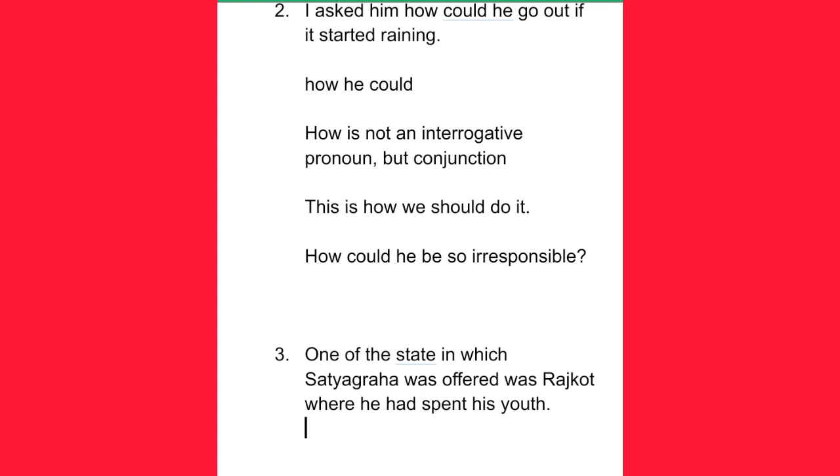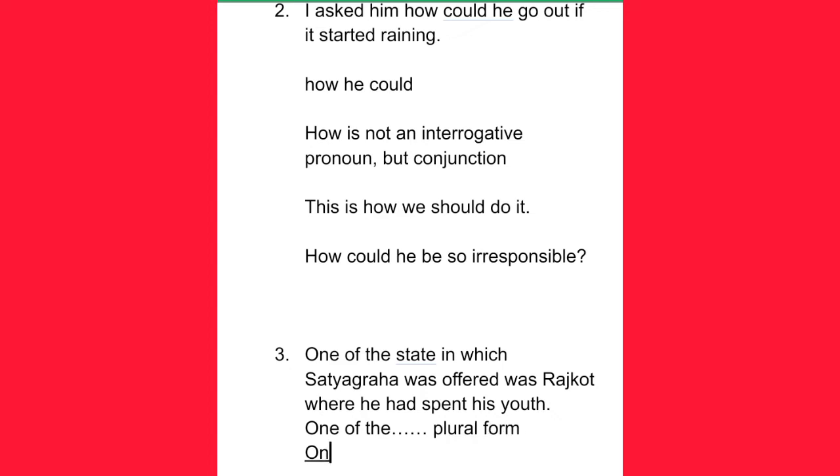Third one is, one of the state in which Satyagraha was offered was Rajkot, where he had spent his youth. Remember, whenever you use a phrase like one of the, whichever word you use after this must be in plural form. You get it?